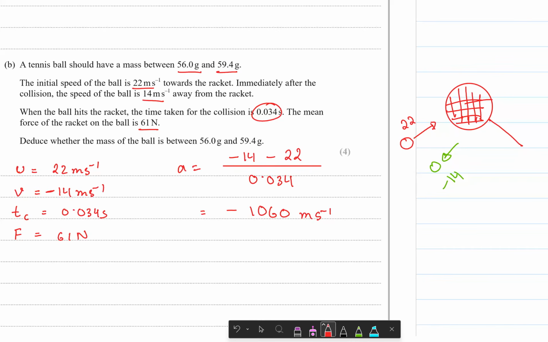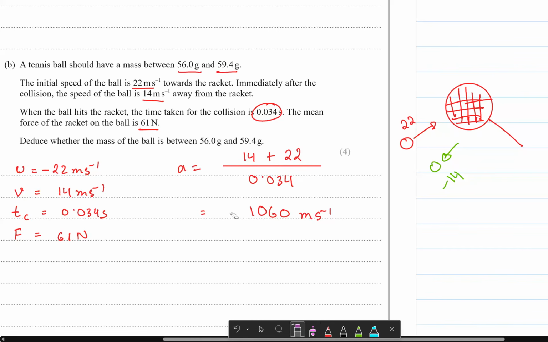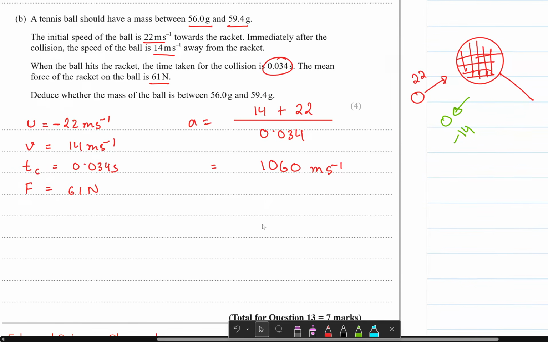However, if you check the marking scheme, they have taken the other one as negative. Both are fine. You have to take one of them as negative to indicate a change in direction. If you take the other one as negative, then this will be addition and there won't be any negative sign. That's the difference.